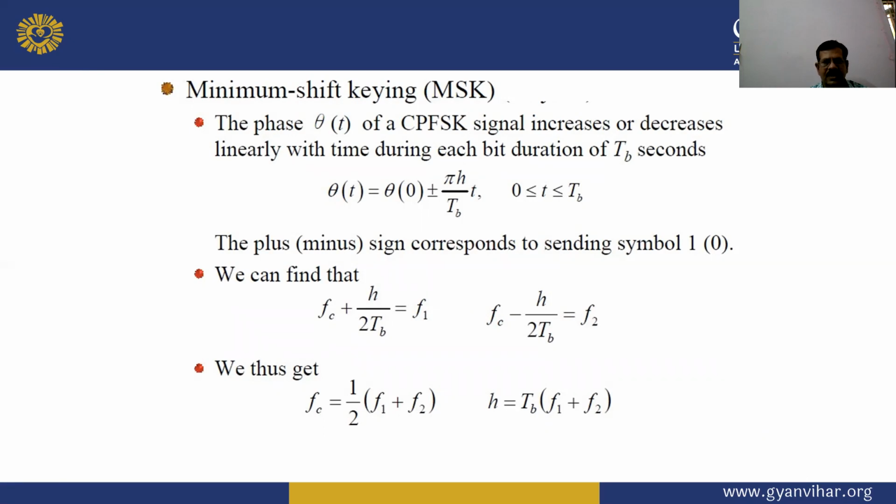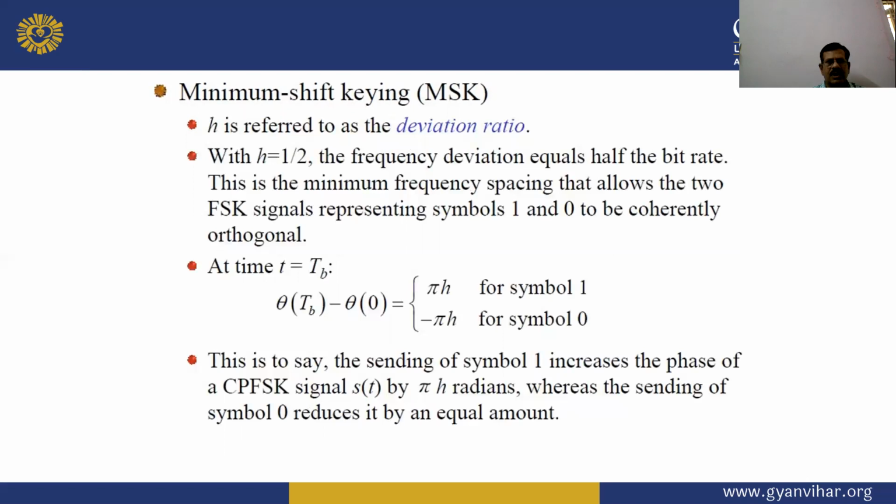So we can find that fc plus h/2Tb equals f1 and f2 equals fc minus h/2Tb. We thus get fc equals 1/2 (f1 plus f2) and h equals Tb (f1 minus f2). So these are the relations between the frequency fc, the bit duration Tb, and the different frequencies f1 and f2. h is referred to as the deviation ratio.